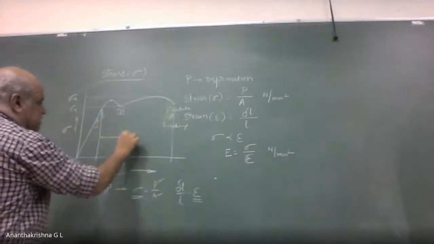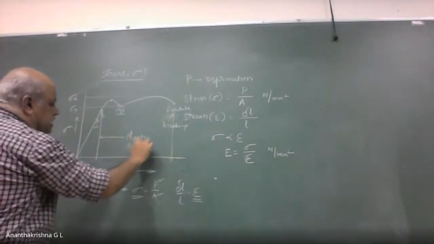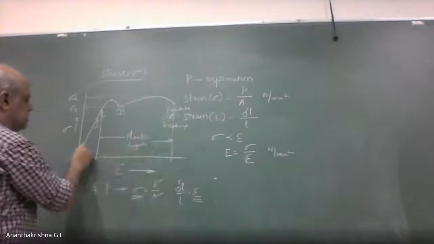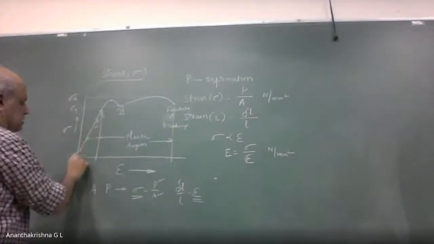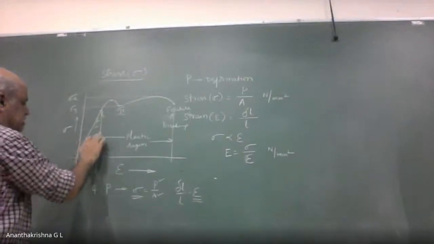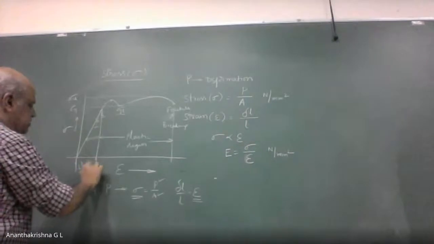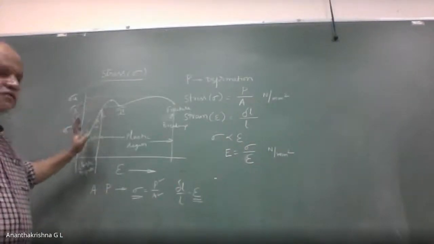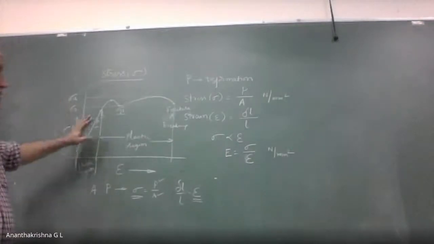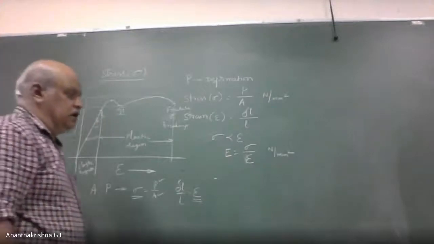This is the plastic region, where it cannot regain its original shape and size. This is the elastic region, within which, when the load is removed, the material will regain its original shape and size. This is the stress strain diagram for a ductile material.